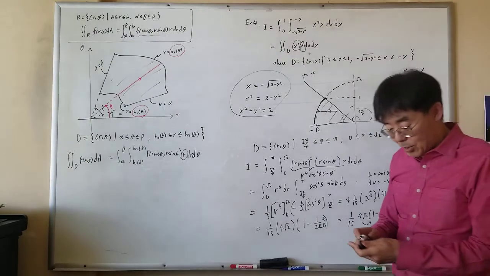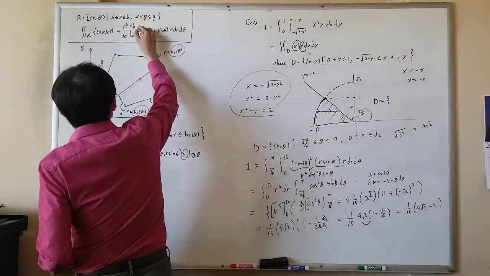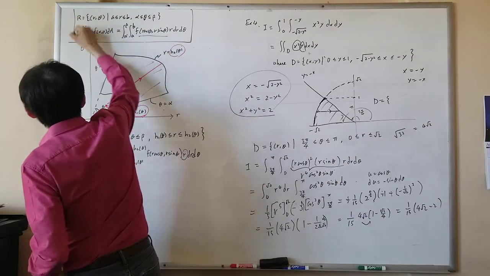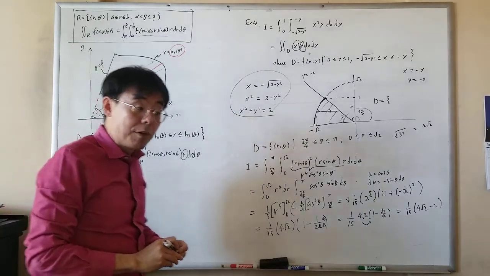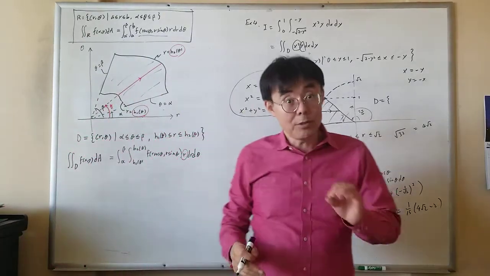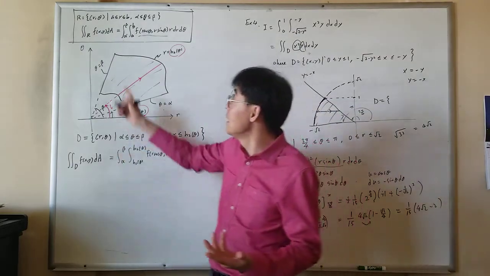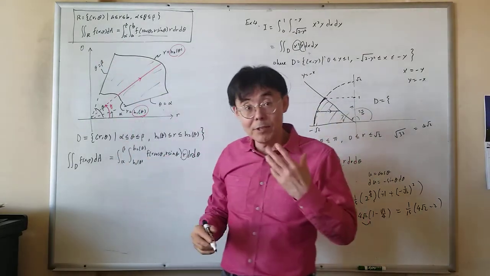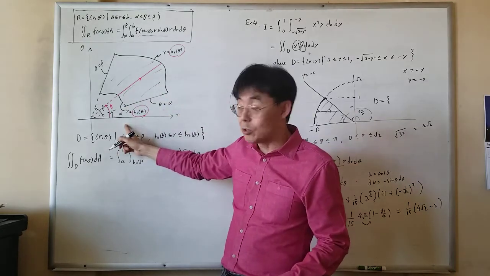All right. So, in the end, this is all we use, right? When your region is very natural for polar, sometimes your integral is very natural in polar coordinates, but at least either function or domain is very natural in polar coordinates, either polar rectangle or type 2 polar region.